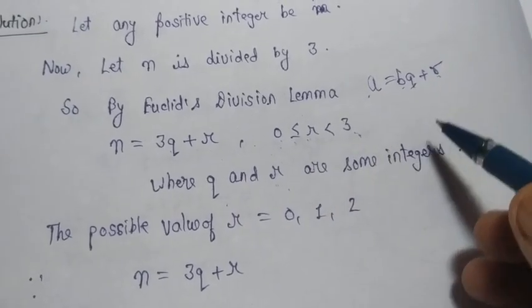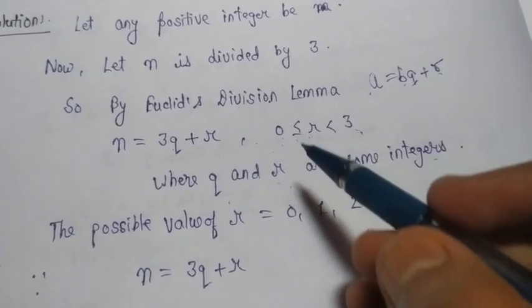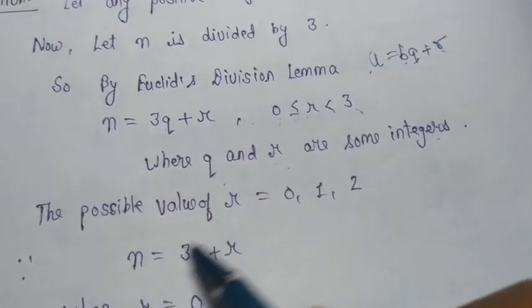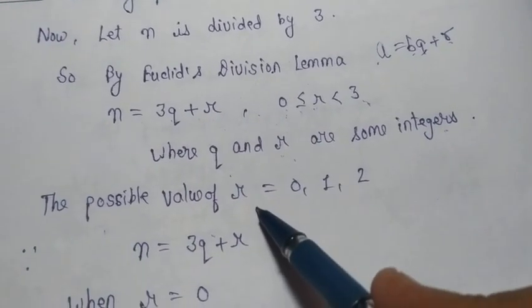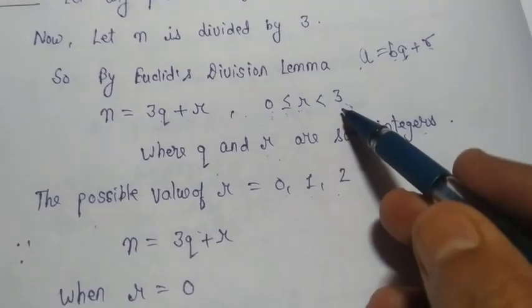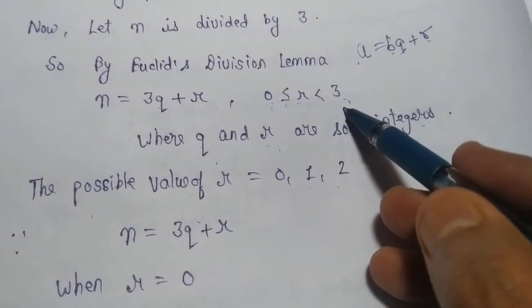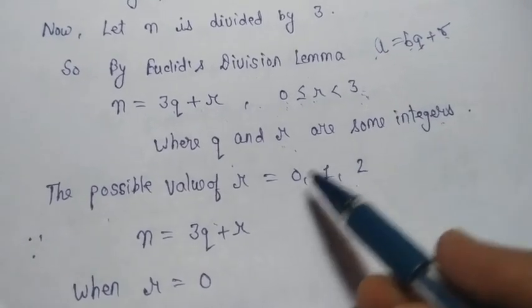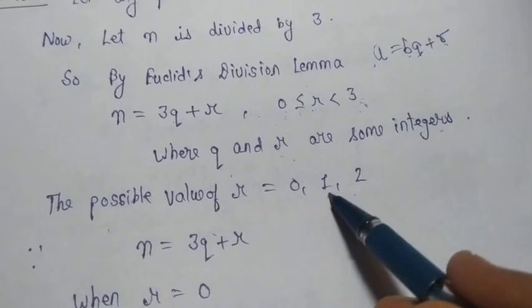Between 0 and 3 there are two integers, that is 1 and 2, but we have to take 0 also, so the possible values of r are 0, 1 and 2. We cannot take 3 because r is less than 3 and we have to take integers only, so r equals 0, 1 and 2.